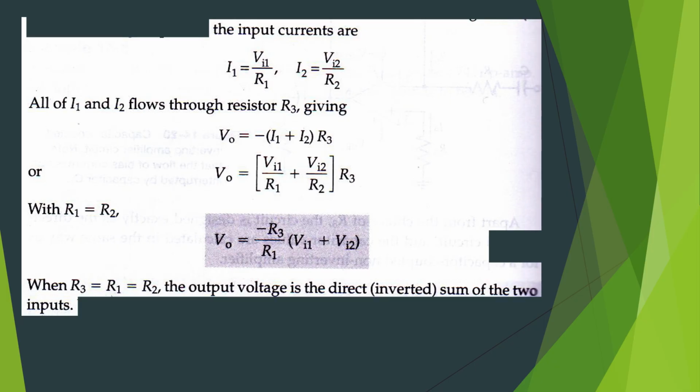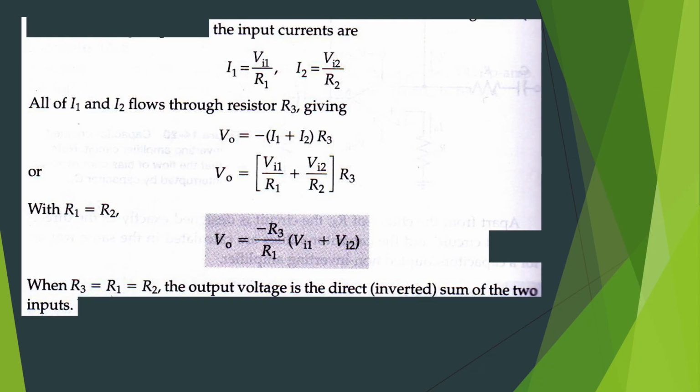Here the input currents are I1 equal to VI1 by R1, I2 equal to VI2 by R2. All of I1 and I2 flows through resistor R3, giving V0 equal to minus of (I1 plus I2) into R3. Now substitute I1, I2 here.